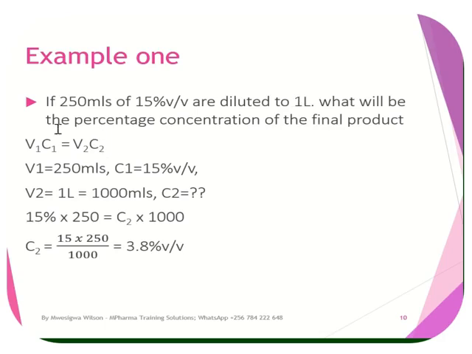Now you have to state this formula for us. Define the variables or terms: V1, C1, V2 is 1 liter, convert it to mL because they have to be in the same units. I'm looking for C2.